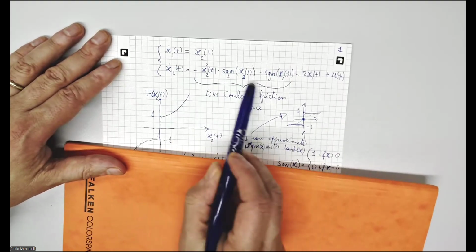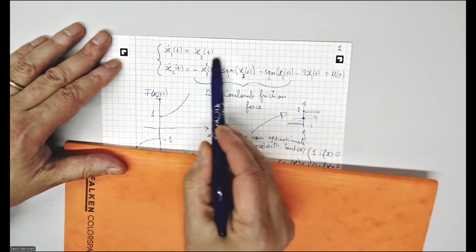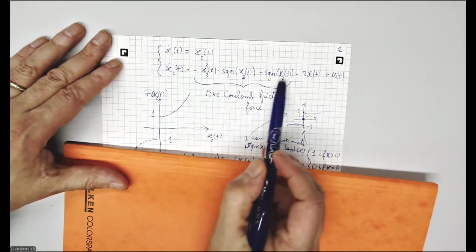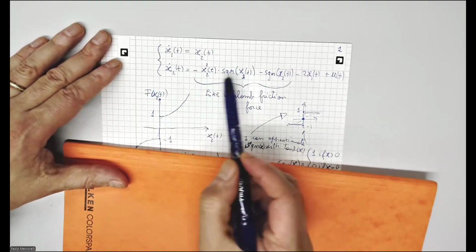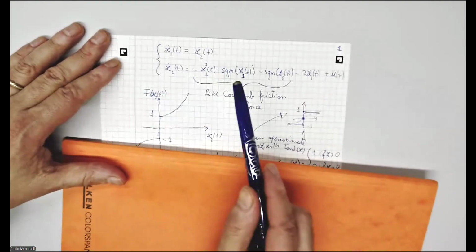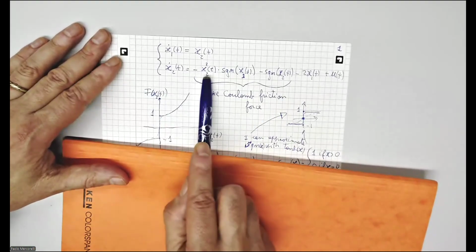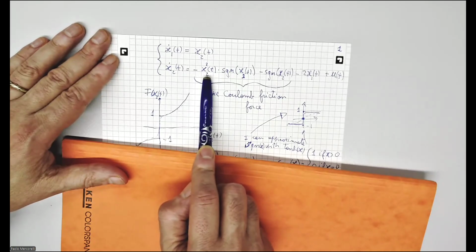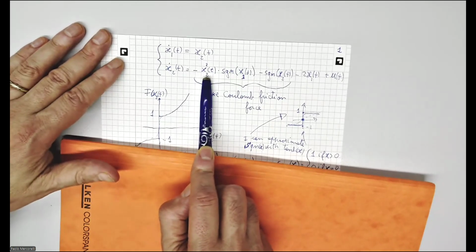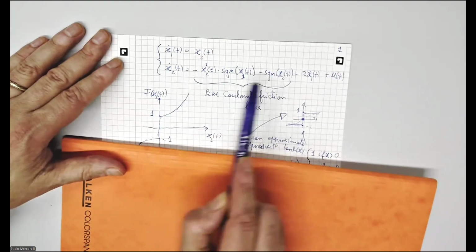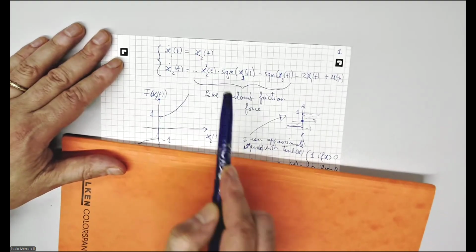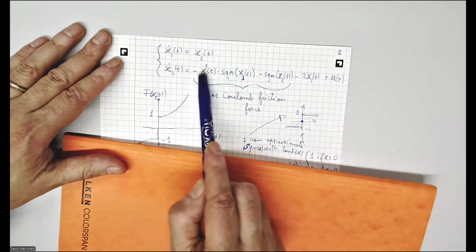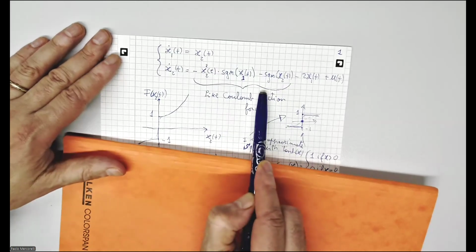This could be interpreted as a Coulomb friction force, but a particular one, in which I am considering just the even component of the Coulomb friction force. I mean, typically we have not only the even, but also the odd component.